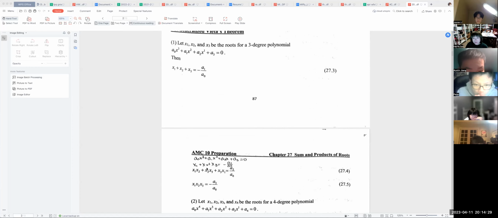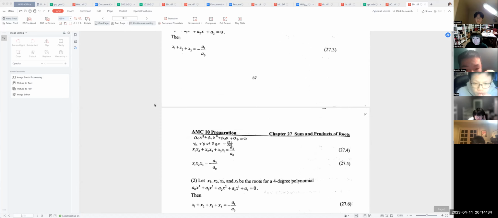So x1 plus x2 plus x3 equals negative a1 over a0. And x1x2 plus x2x3 plus x3x1 equals a2 over a0. And x1x2x3 times together equals negative a3 over a0. Okay, get it, everybody? So I ask your parents to print it out for you. If you don't, please write it down for me, okay?